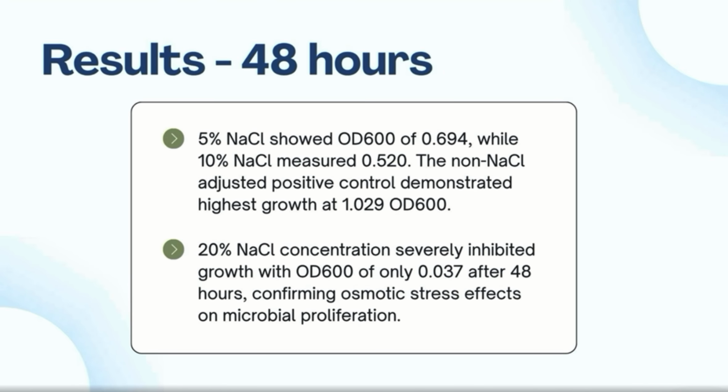Our non-sodium chloride adjusted positive control experienced the most significant surge, demonstrating the highest overall proliferation with an absorbance of 1.029. Meanwhile, the 20% sodium chloride concentration completely halted any progress, maintaining a severely restricted OD 600 of only 0.037. This directly confirms the powerful impacts of severe osmotic stress on halting microbial multiplication.